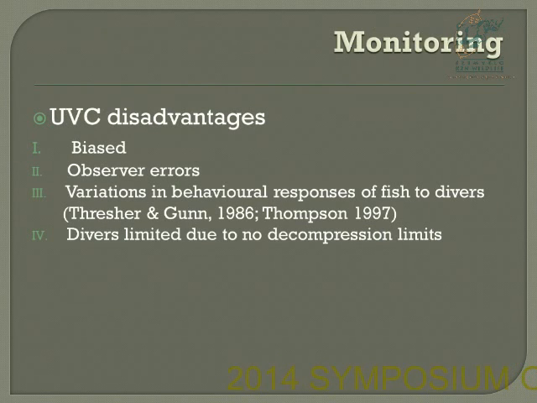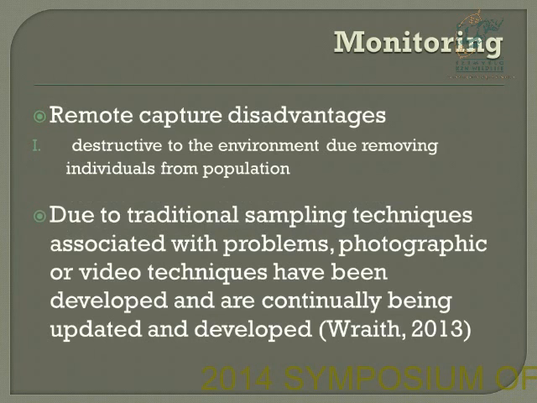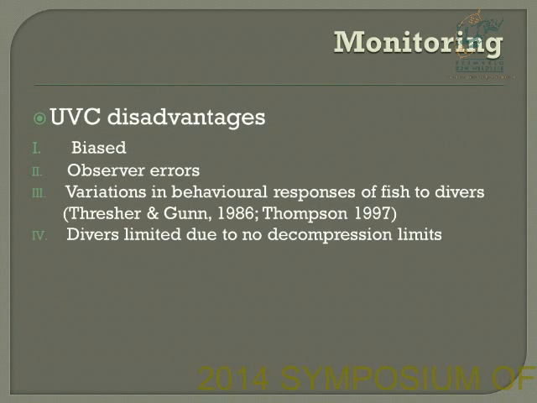These two methods have some disadvantages. UVC is biased and has some observer errors, with variation in the behavior of fish in response to divers, and sometimes divers are limited by the depths that they can dive to.